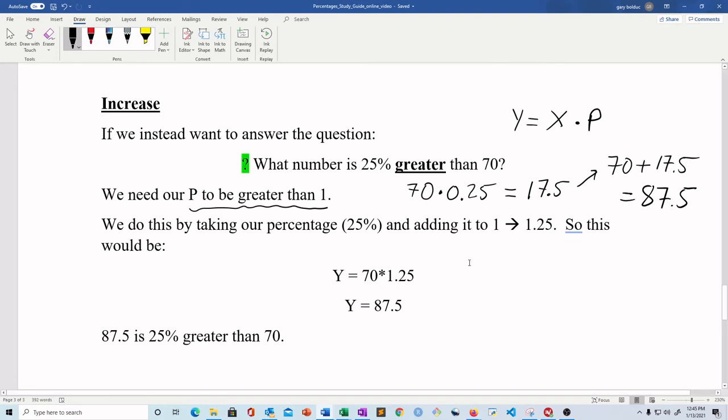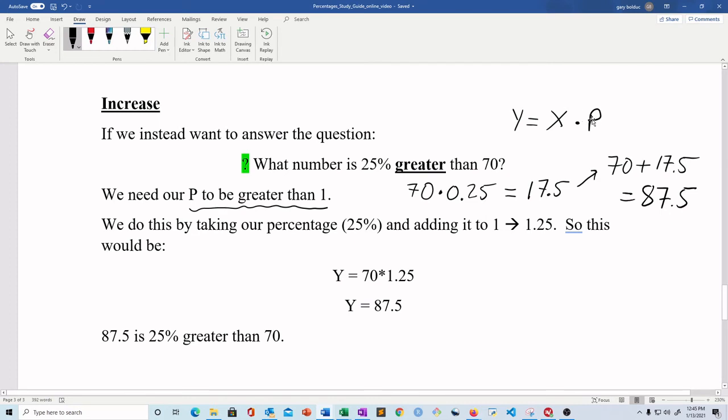The other way you can do this, tricky, it's the lazy math way to do it, is say, I don't need to do all those extra steps. I can think this through. Instead of doing this extra step, I can use my equation, y equals x times p. It should still work. New equals old times p.